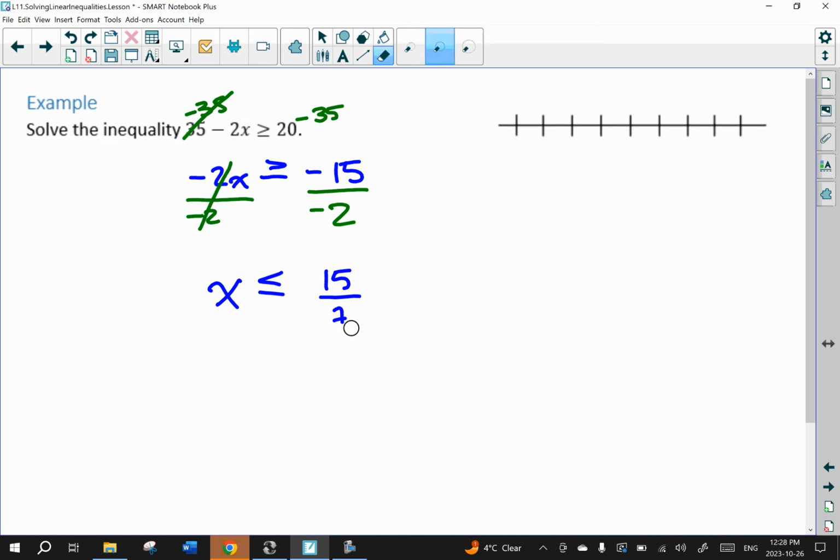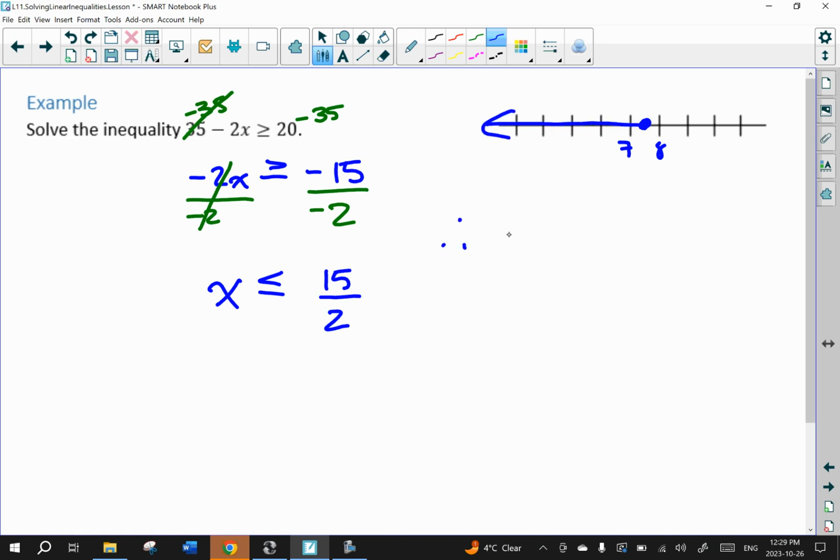Okay, this is saying that at 7.5, which is going to be here, x has to be less than or equal to. So it's allowed to be a solid dot because it's allowed to be equal to, and it's going like that.